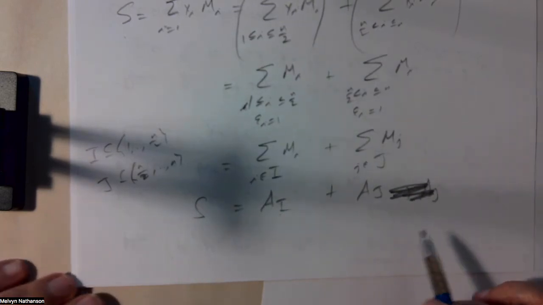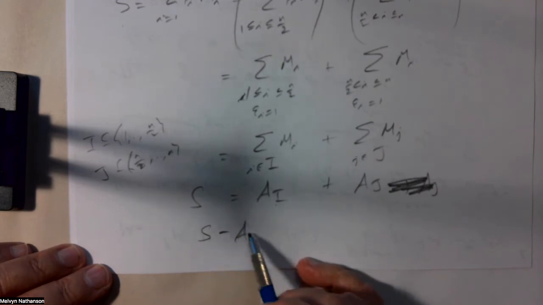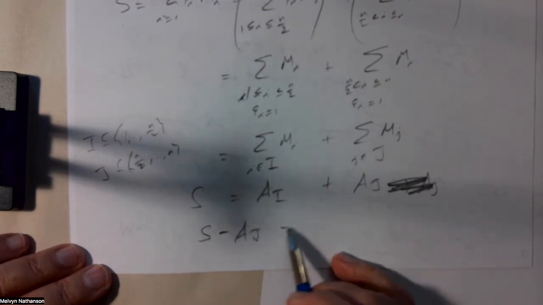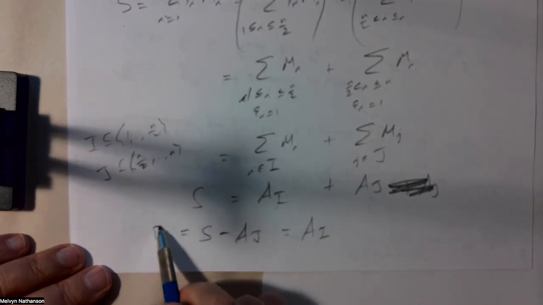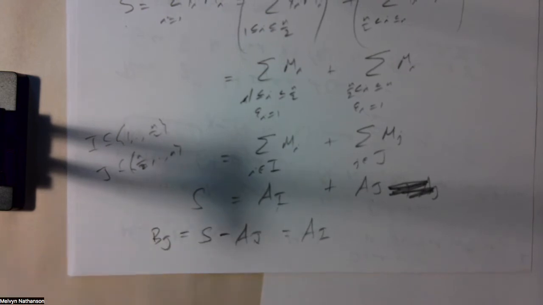That's certainly fine. So S minus a_j equals a_i. So S minus this equals this. And I'm going to call this number b sub j.